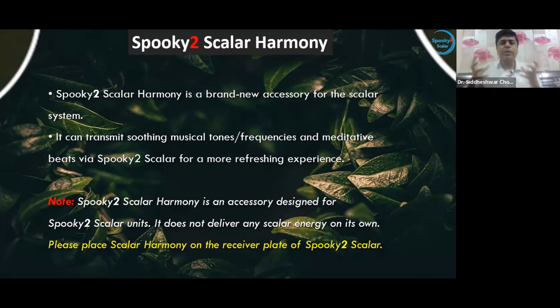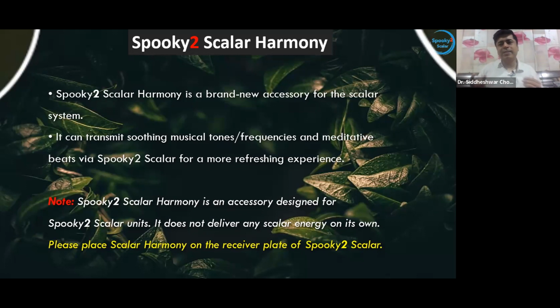Okay, so the music resonates with me more. So aptly designed, Spooky2 Scalar Harmony is a brand new accessory which can transmit soothing musical tones or frequencies and meditative beats via Spooky2 Scalar for a more refreshing experience.